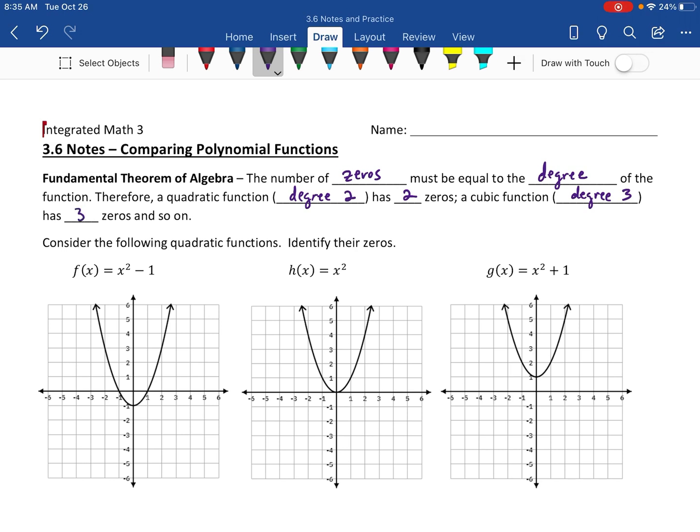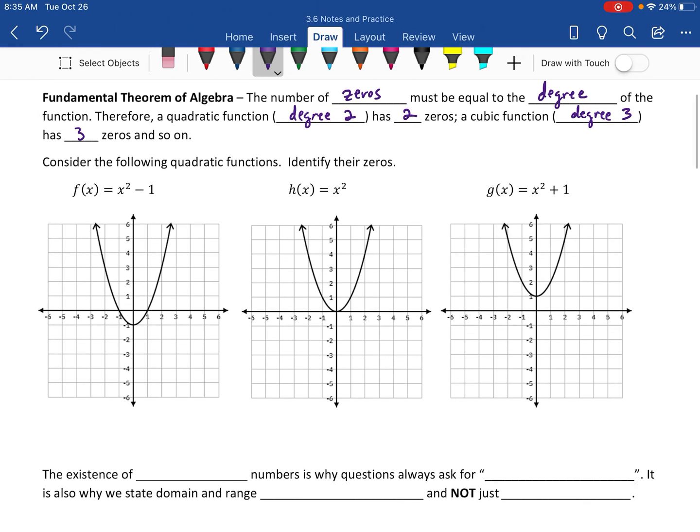Okay, so let's go ahead and consider the following quadratic functions. We're going to identify how many zeros each has. So the first graph, you see that it crosses the x-axis 2 times, so this has 2 zeros, with multiplicity 1. The second one has 1 zero, but it has multiplicity 2.